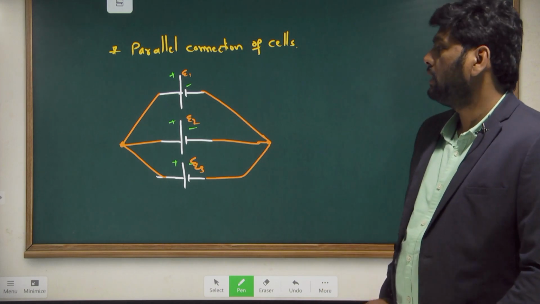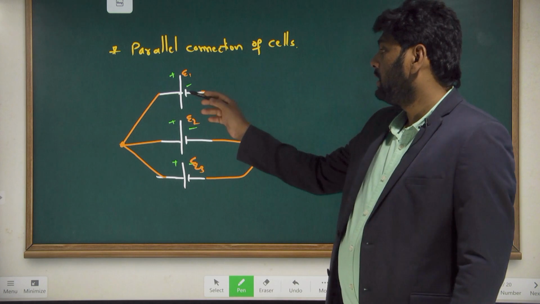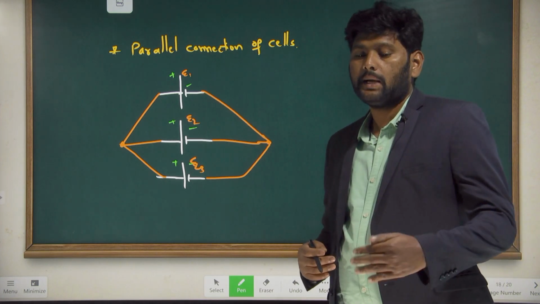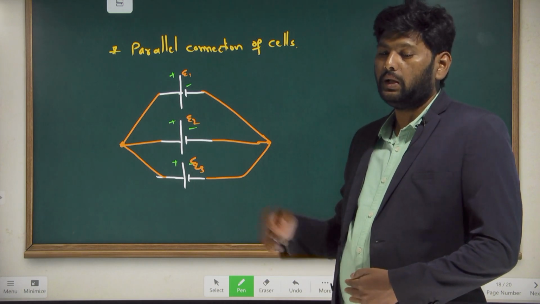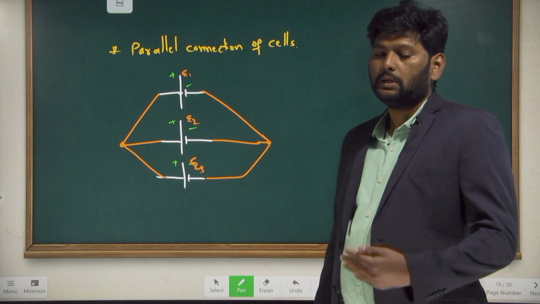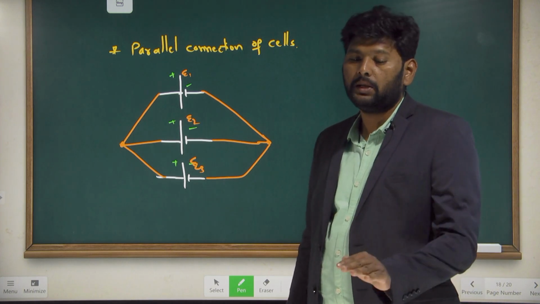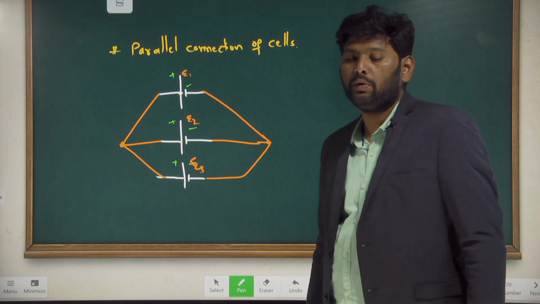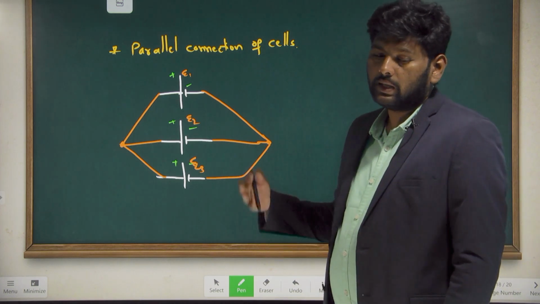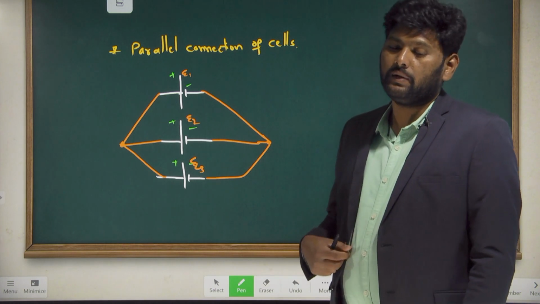So once again, what is the greatest EMF among all the cells? The greatest EMF will be the EMF of the grouping of the cells. That way, we get the effective EMF for the grouping of the cells.